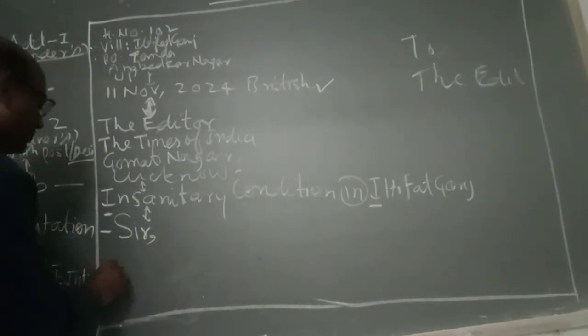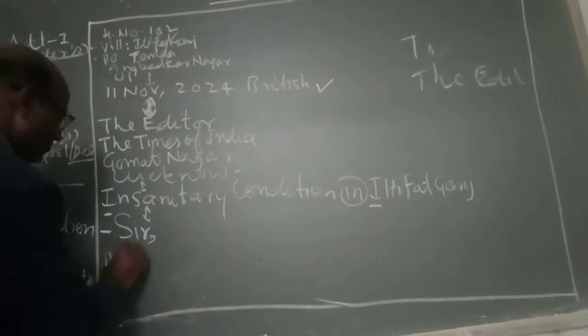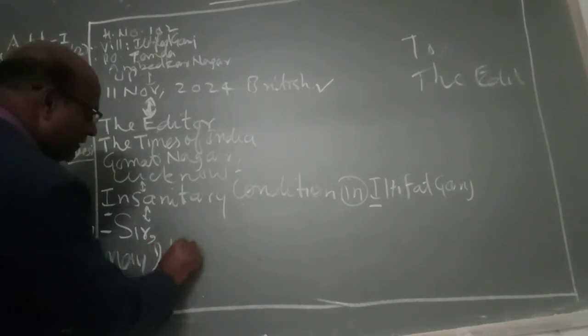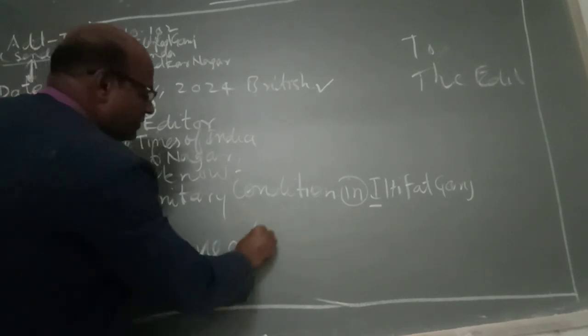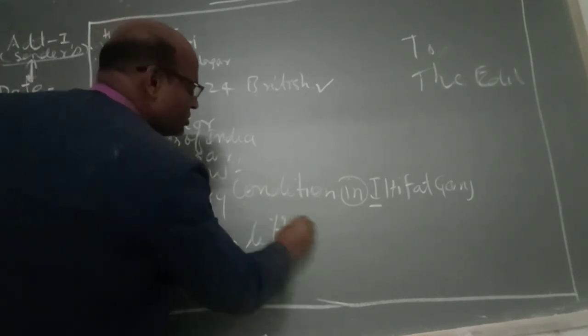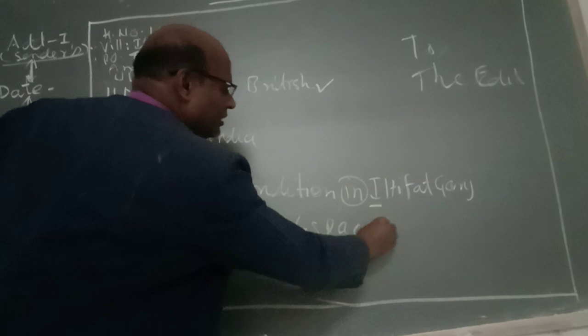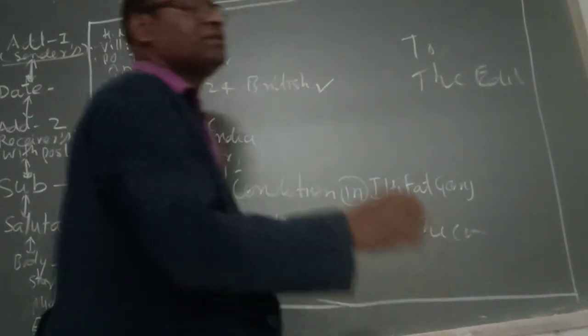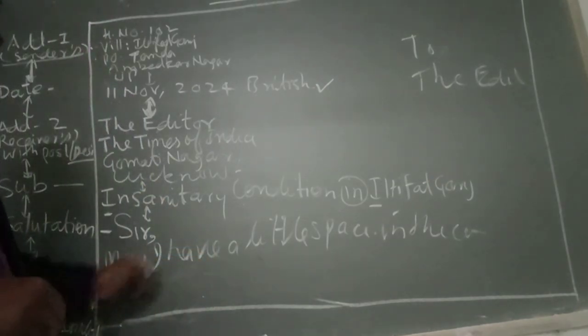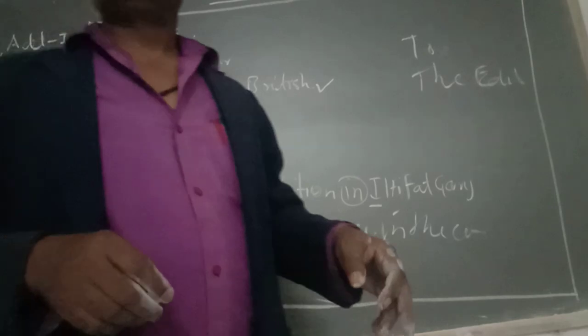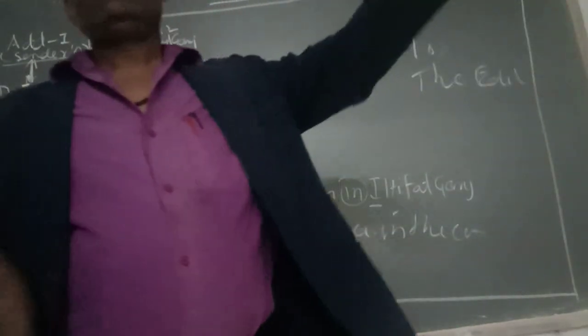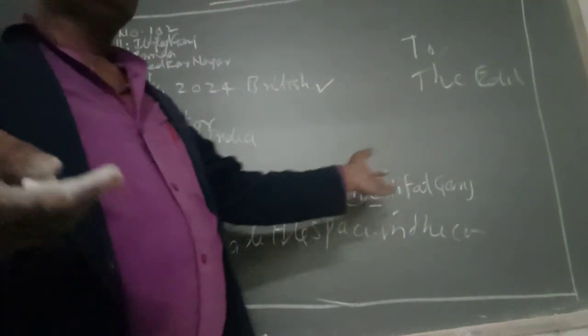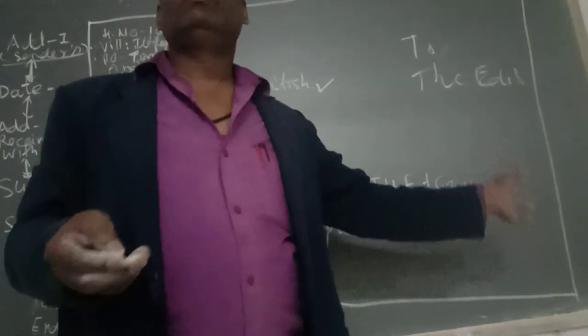May I have a little space in the corner of your esteemed daily. Or start like this: I wish to draw the attention of the authorities concerned towards the incendiary condition in our area.